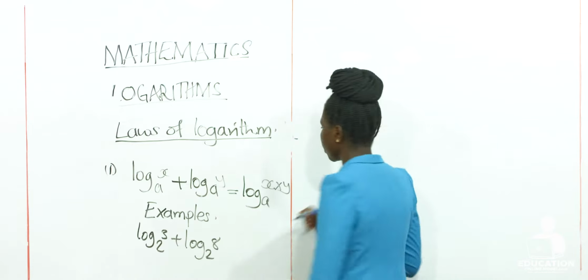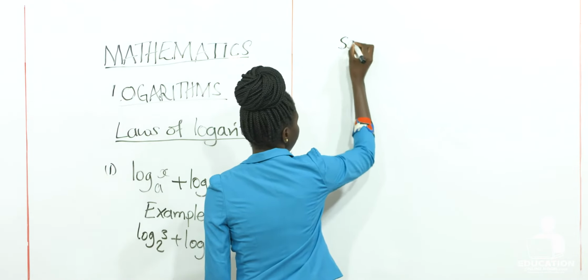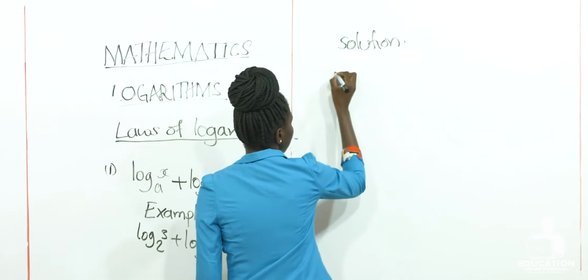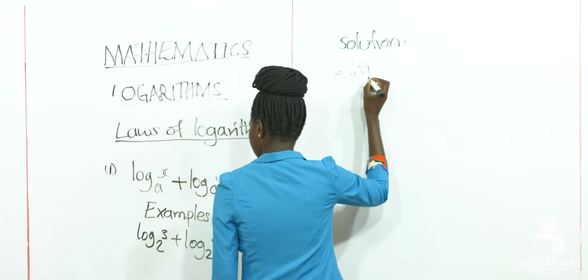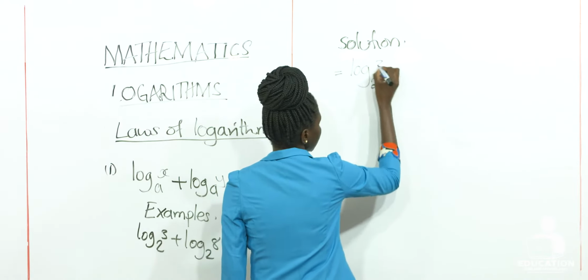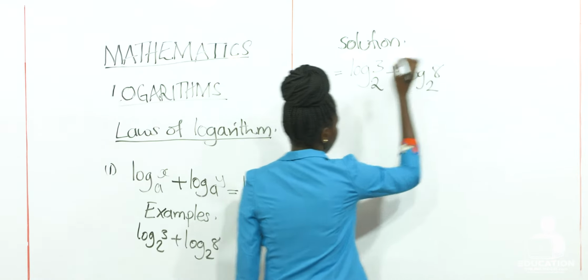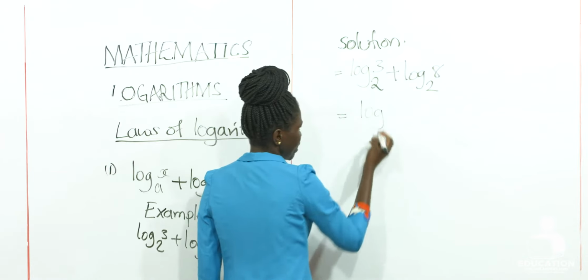So with this, this will be our solution. We shall have log 2 of 3 plus log 2 of 8. And we said adding numbers of the same base, we are going to multiply the powers.